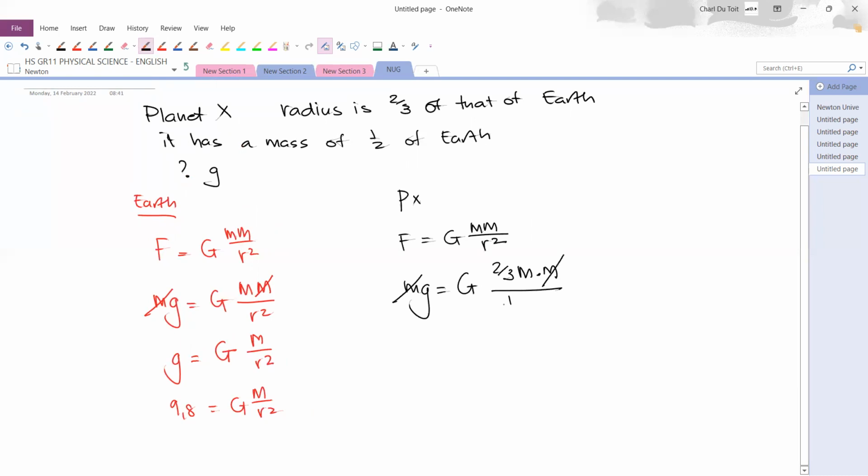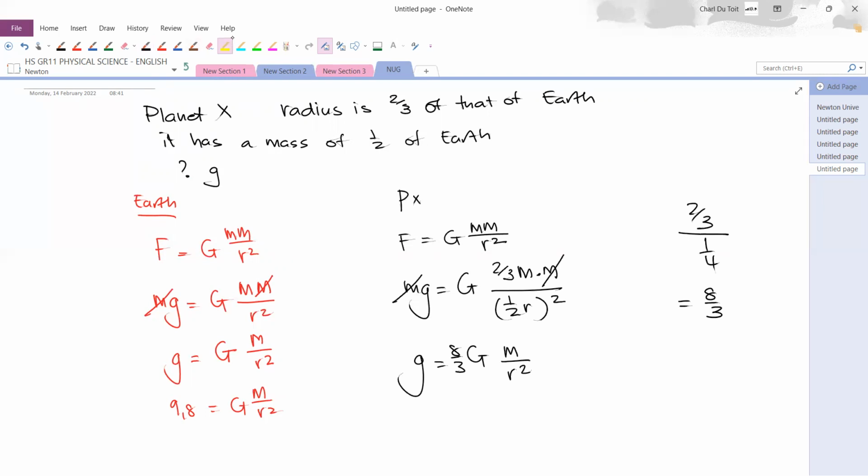And the radius is a fraction of the radius of the Earth, squared. So now I have g equals big G, and then I'm going to do the fraction over the squared fraction, and that becomes 8/3, isn't it? Yeah. So that becomes 8/3 with G and an M on top and an R squared at the bottom. I've taken out all those values and put them in front.